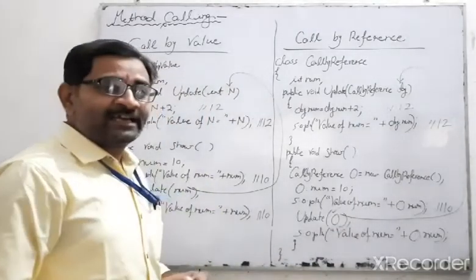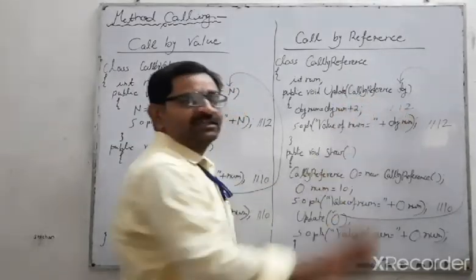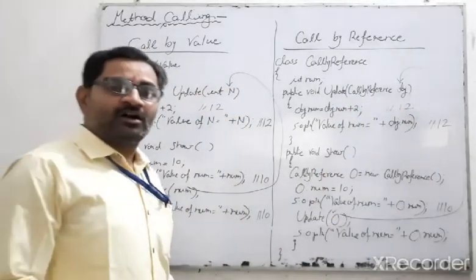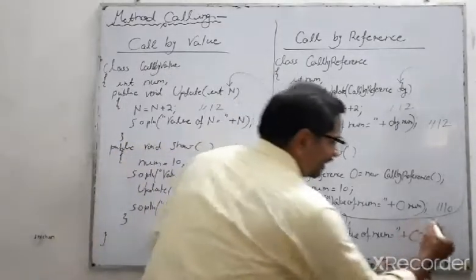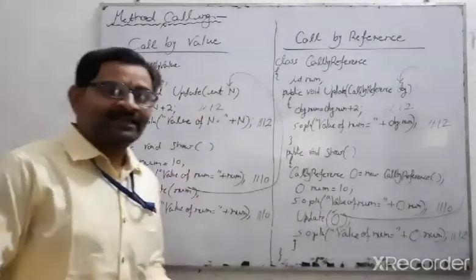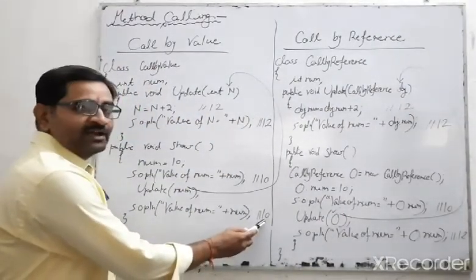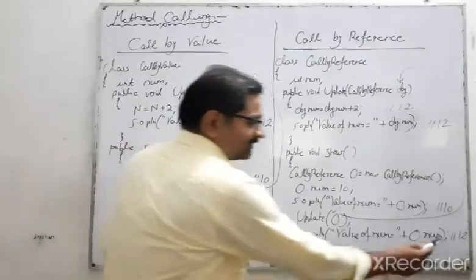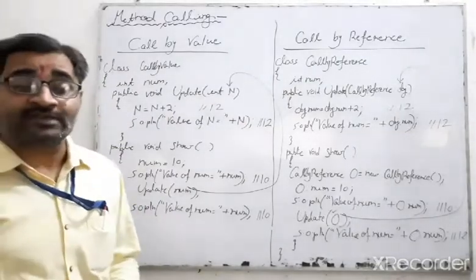So if any kind of change is made in obj, that will also reflect to the object o. So here you will also get the result 12. Okay, and here when you print the value of num, the value is 10, and here the value is 12.